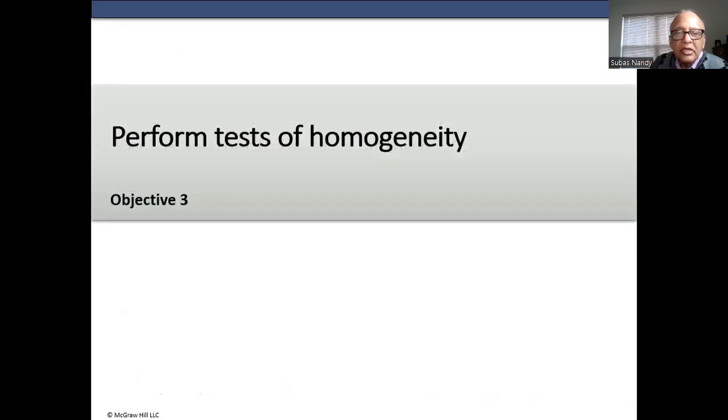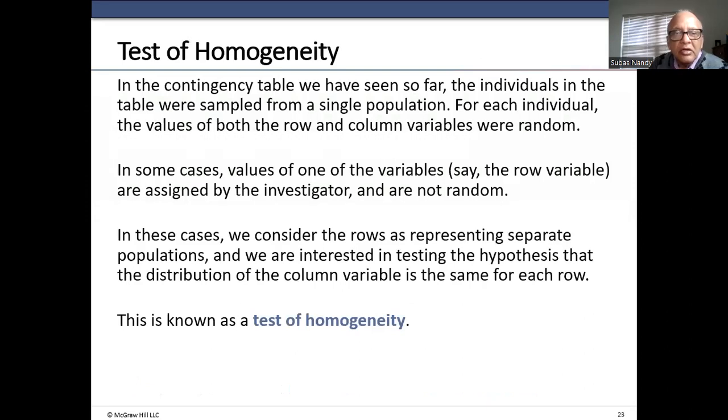And then the next is perform test of homogeneity. In the contingency table we have seen so far, the individuals in the table were sampled from a single population. For each individual, the values of both the row and column variables were random. In some cases, values of one of the variables, say the row variable, are assigned by the investigator and are not random.